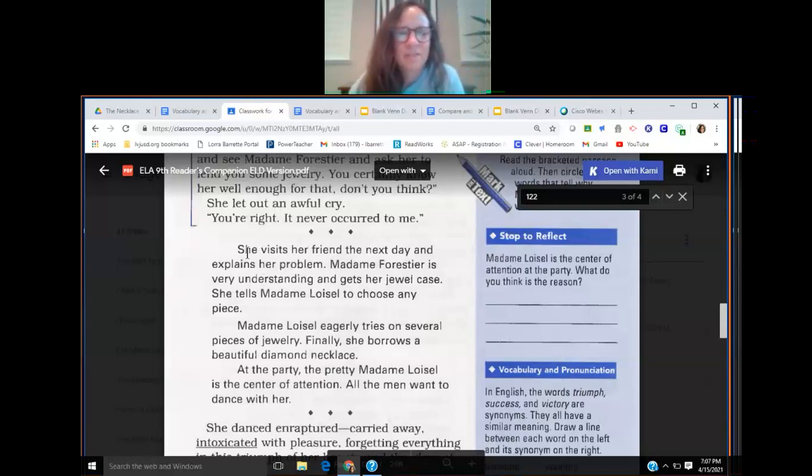She visits her friend the next day and explains her problem. Madame Forestier is very understanding and gets her jewel case. She tells Madame Loisel to choose any pieces.